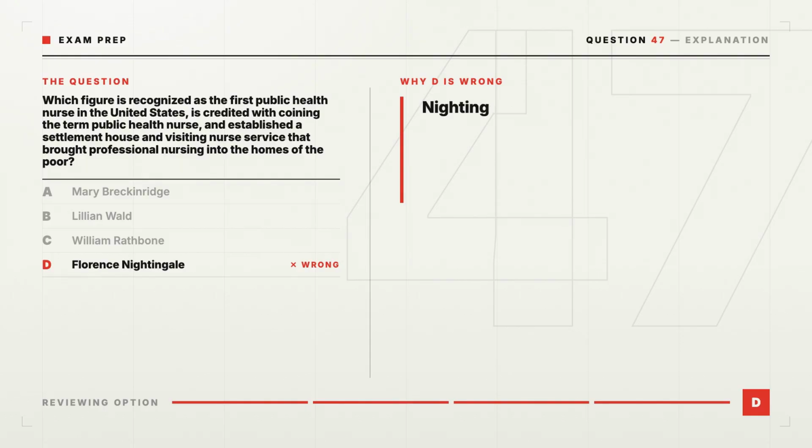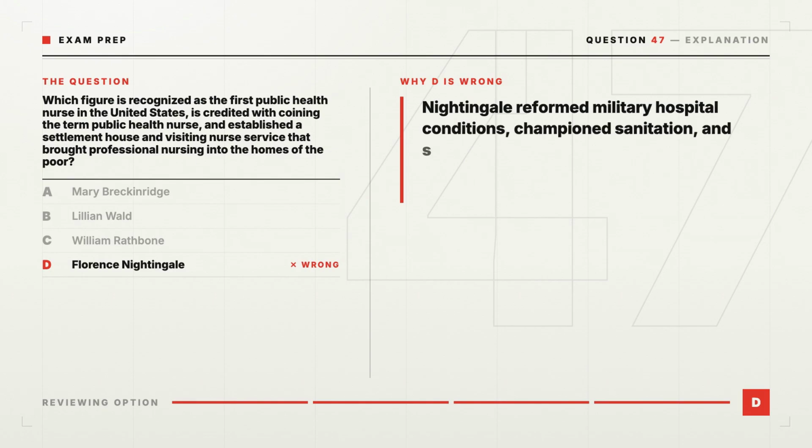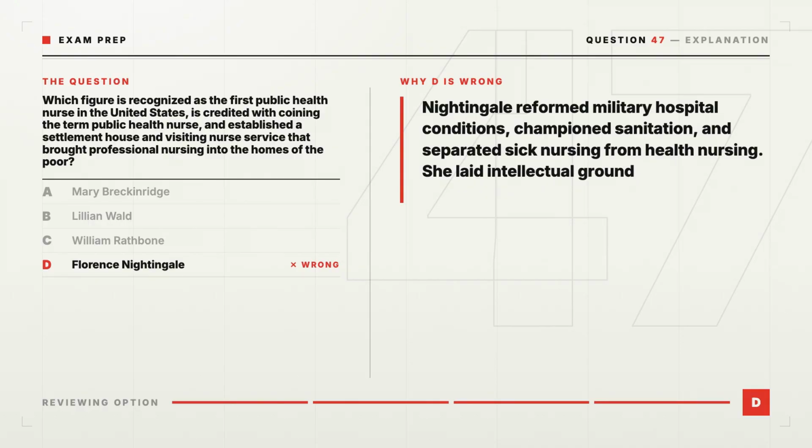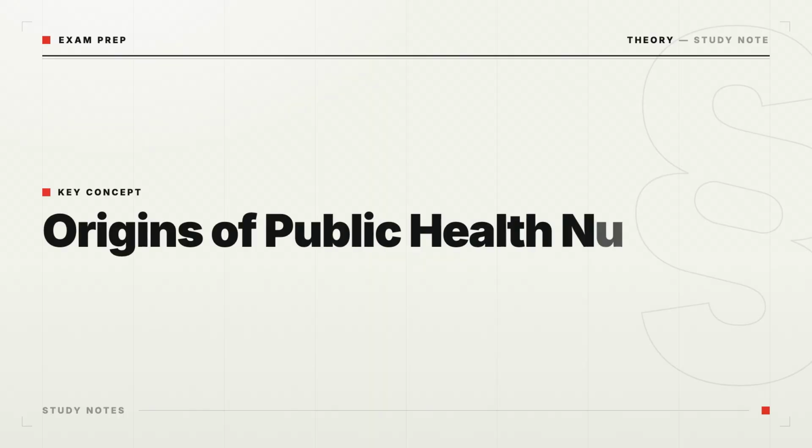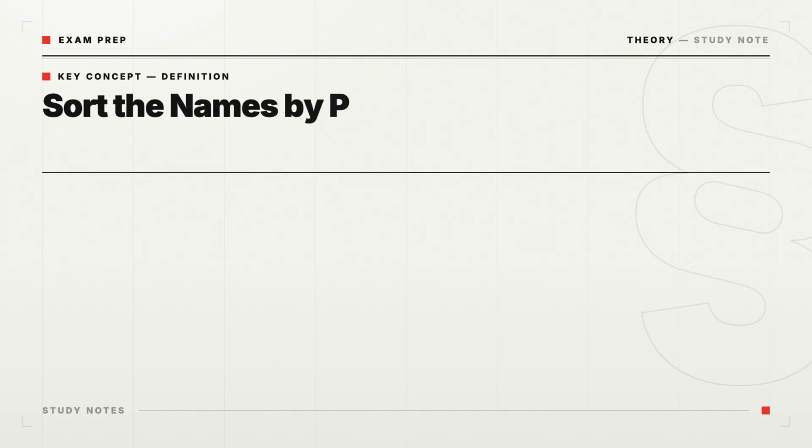D is wrong because Nightingale reformed military hospital conditions, championed sanitation, and separated sick nursing from health nursing. She laid intellectual groundwork for the field, but did not coin the term or found American public health nursing. To understand why public health nursing looks the way it does today, we have to go back to a single settlement house in New York City, and to four names that keep getting confused with one another.